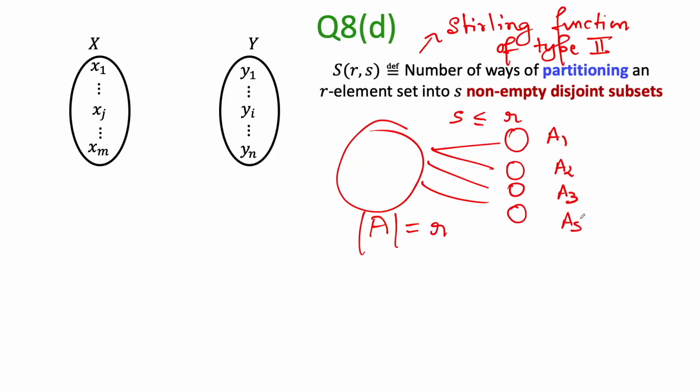So there might be several ways of dividing this bigger set A into s pairwise non-empty disjoint subsets. The number of divisions is nothing but the value of this Stirling function of type 2.